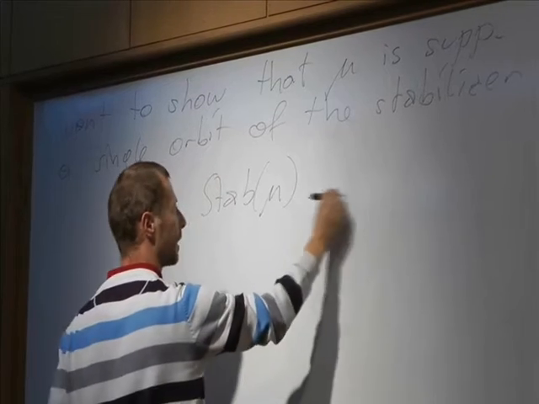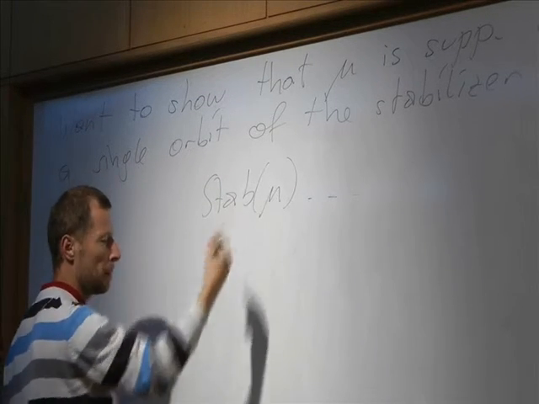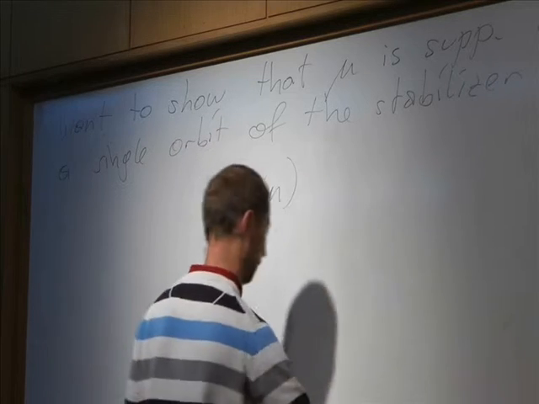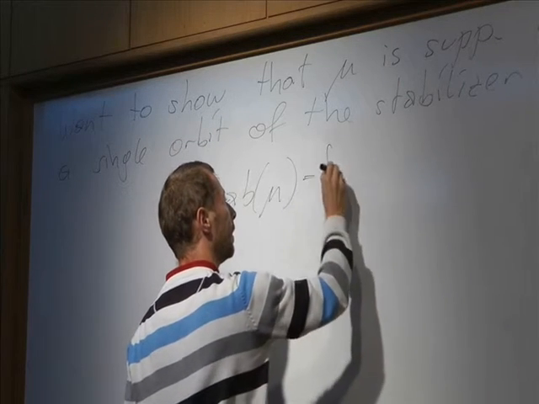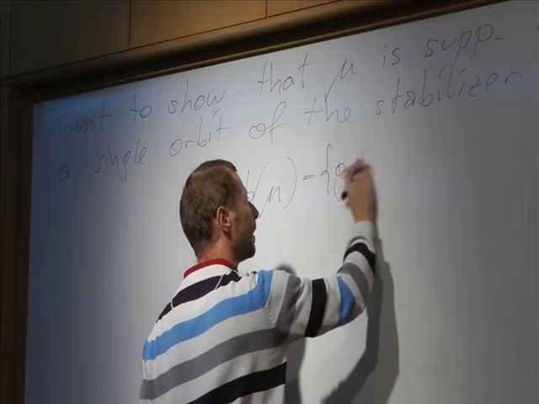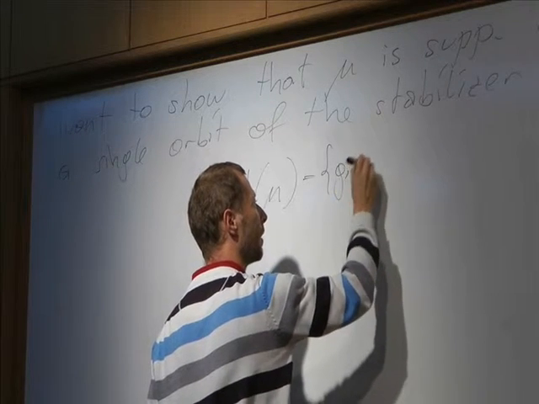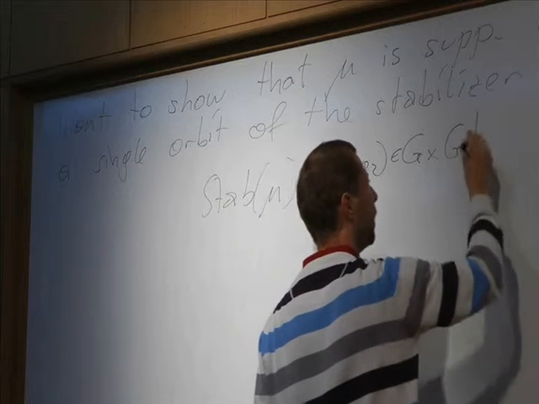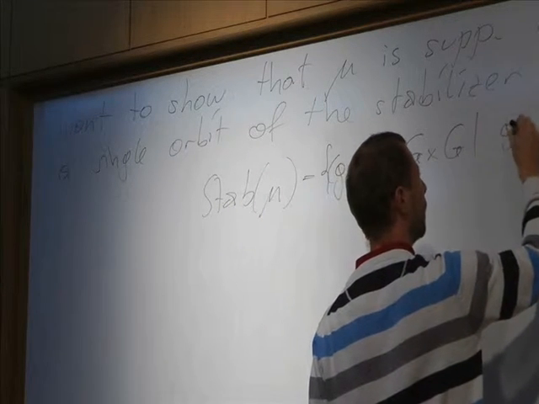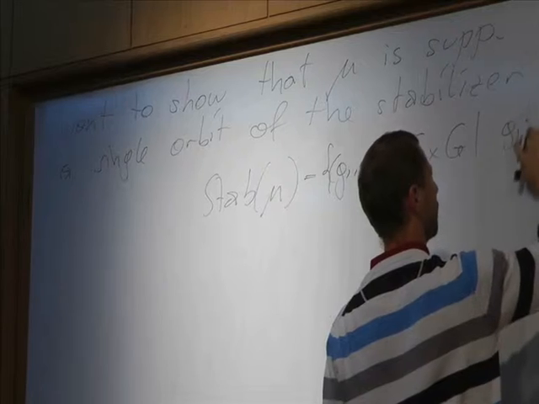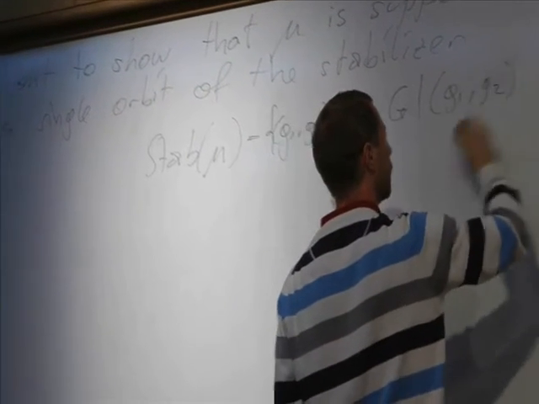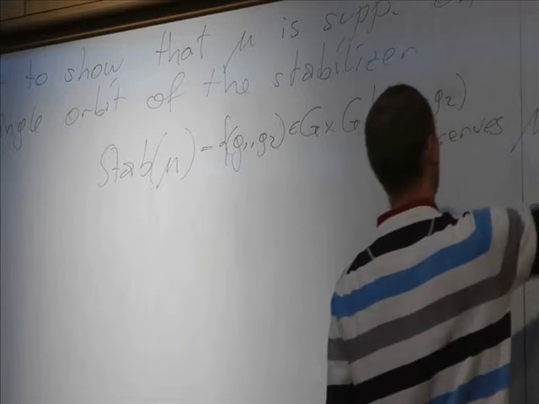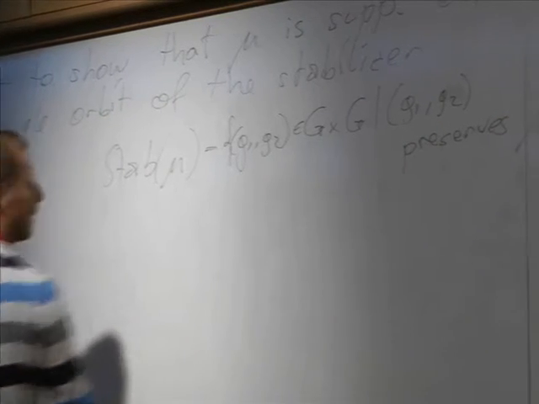As defined previously, just the elements of all group elements in G cross G. Will be slightly annoying. That's what we want to show.